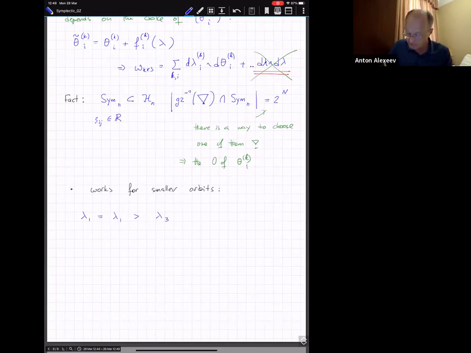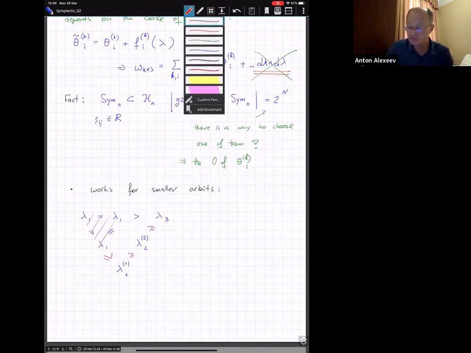Then in the Gelfand-Zetlin pattern we'll have a triangle where everything is the same, with lambda 2, 2, lambda 1, 1, and there will still be inequalities like that.